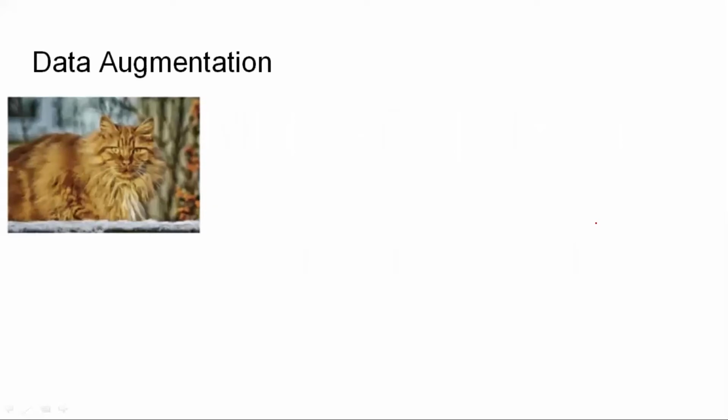Okay, so the first thing that we are going to study in this lecture is data augmentation. Because what we have often seen in these lectures is that one of the methods for reducing the overfitting problem in the learning algorithm was that we can feed more and more data to our learning algorithm.